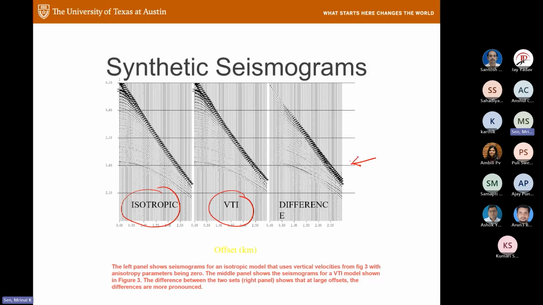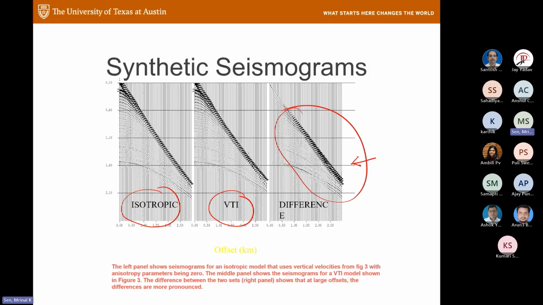So what is the difference here? Anybody? See, the differences are going to show up at large offsets, right? Because of the effect of epsilon and delta, because these velocities are now angle dependent, right?